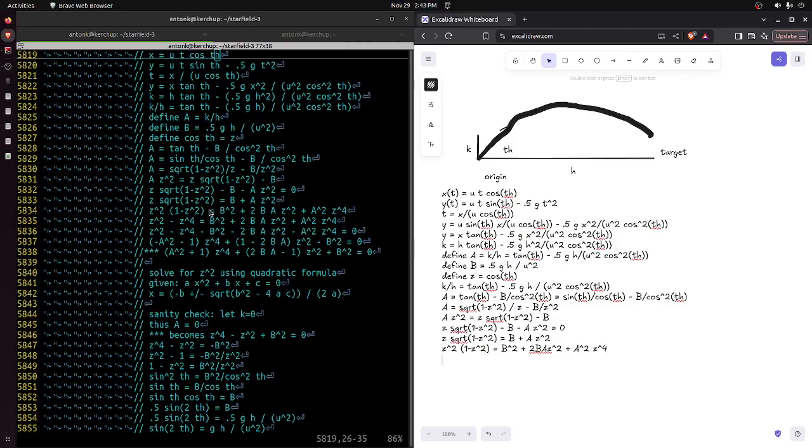Okay, and so we can distribute z to both sides. So this becomes z squared minus z to the fourth is equal to b squared plus 2ba z squared plus a squared z to the fourth.